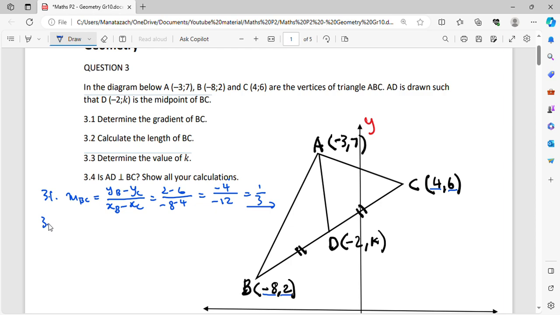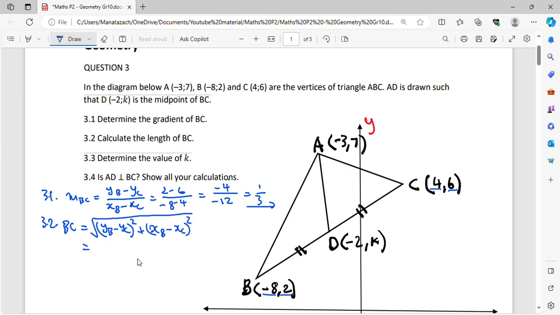So let's go to the next question. Determine the length for BC. You first need to write the formula for the length: y at B minus y at C squared plus x at B minus x at C squared, all of that under a square root.